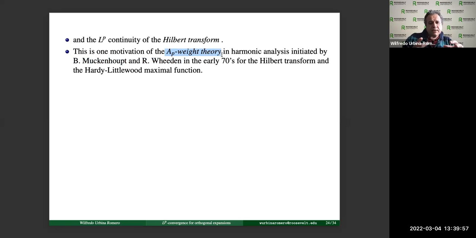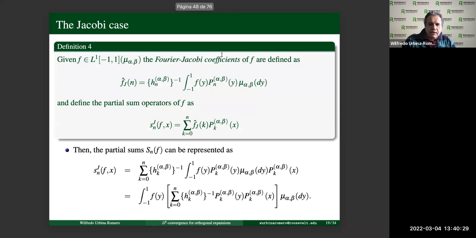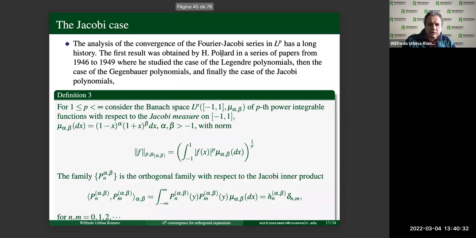We know that the Hilbert transform is L^p bounded, right, and the question is, if you consider L^p spaces with weights, what are the weights that allow you to still say that the Hilbert transform goes from L^p to L^p. And you can see clearly that here, because we are working with this norm, that is a natural question, right?